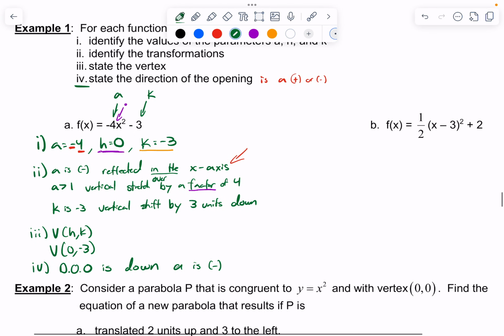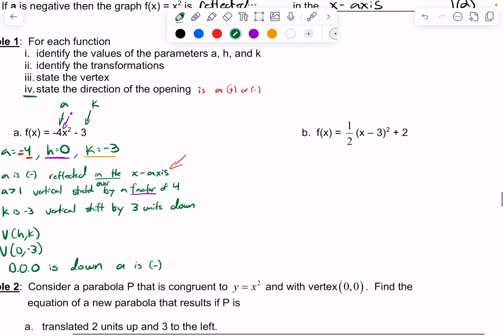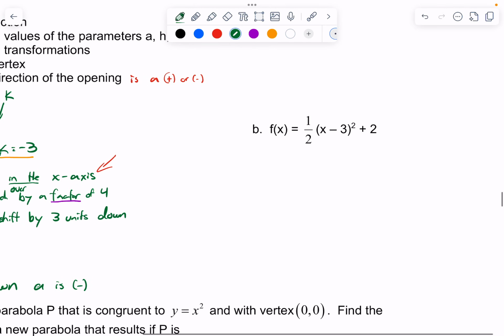Okay. So again, pause if you need to keep looking at that, but let's move on to the next one. So here, we have all 3 of them. The a is always the one being multiplied by the x, so this right here is your a, right here is your h, and right here is your k.